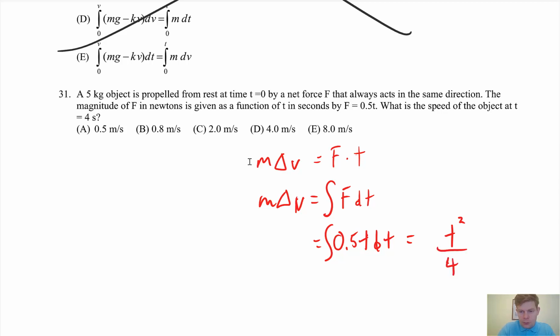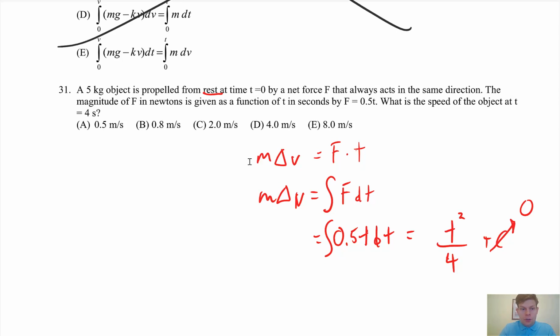Just t squared over 4, plus a constant if we want, but it was propelled from rest, so the constant is just 0, because that would be our initial momentum, and our initial momentum is 0 because our velocity is 0. Anyway, we want to know how fast it's going at time t.